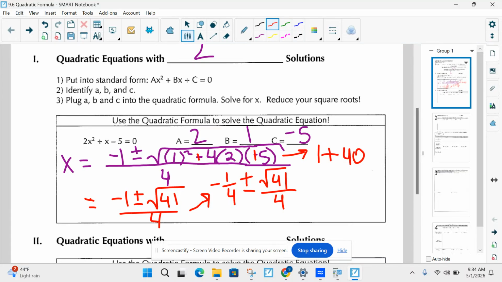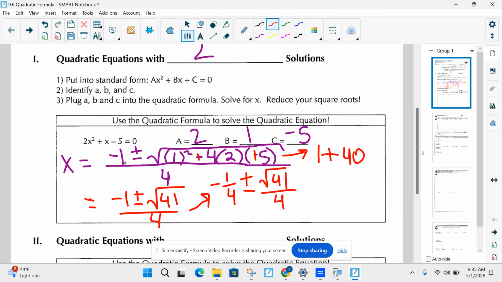But if you're just worried about getting the decimals, you could type that into your calculator and get the decimals. I'm just showing you that you can separate it and that this would be a valid answer. Like if you were only answering the question, you could do it without a calculator by just doing that. If you're graphing it, you'll want to type it into your calculator to get the actual x's, like the decimals, so that you know what the decimal part is.